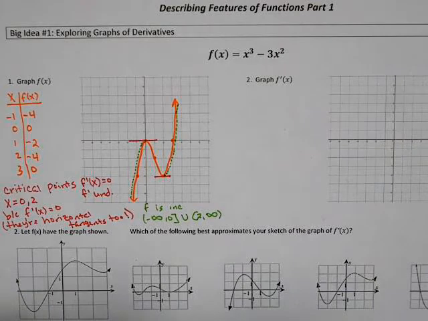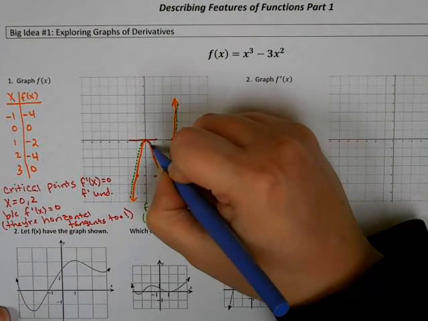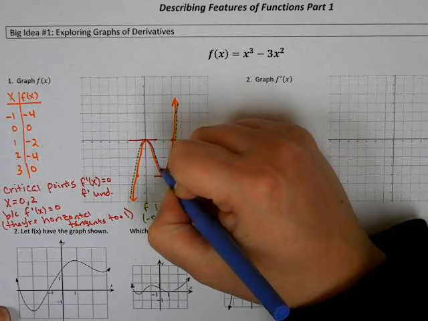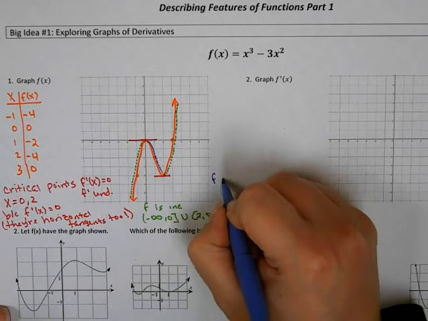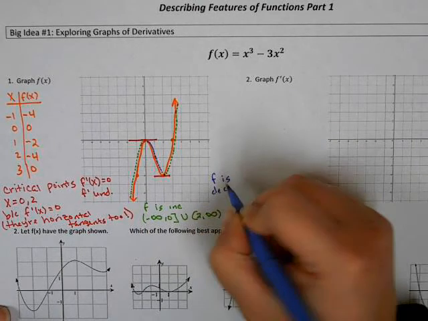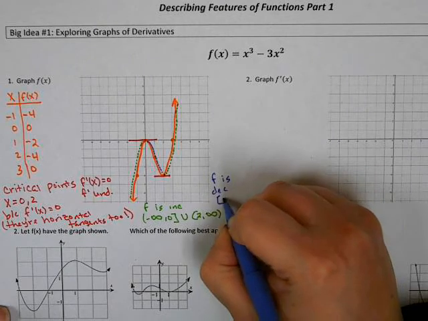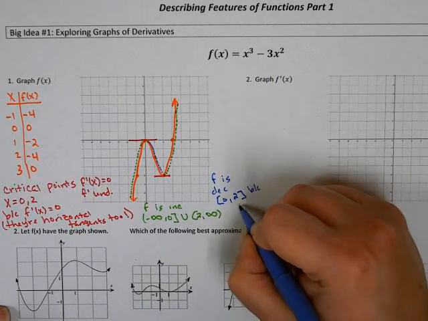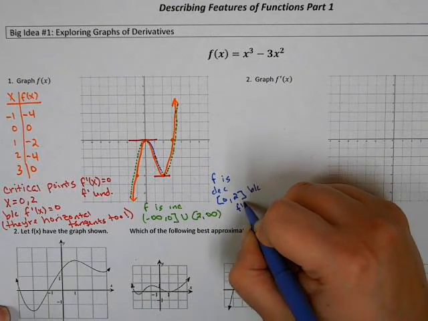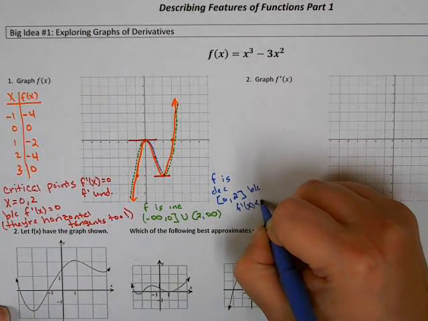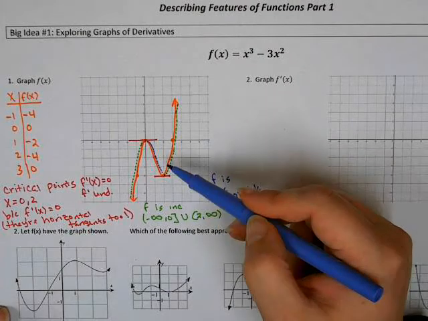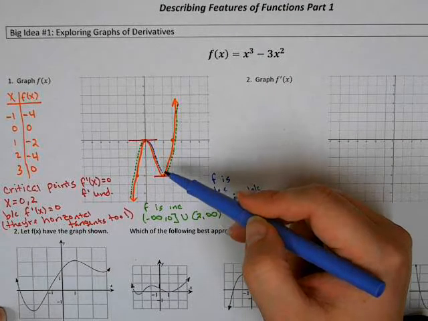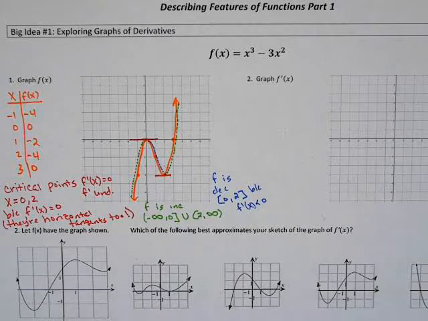Then I can look at where it's decreasing. My function is decreasing along this interval. So f is decreasing from 0 to 2. And I know that that's because f prime is negative, right? I'm going down. My tangent line would have a negative slope on this interval. Okay? We're going to leave that alone for now.